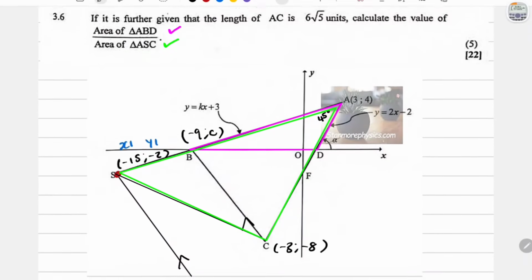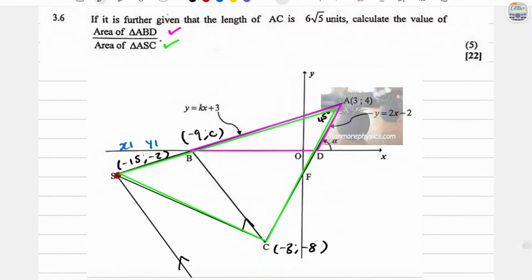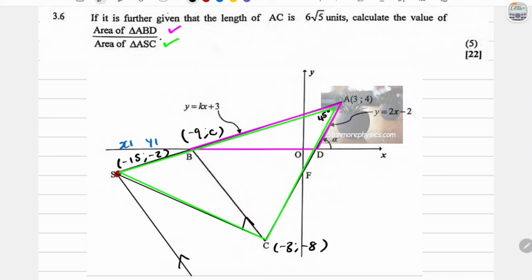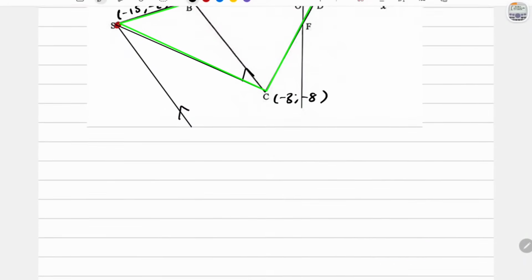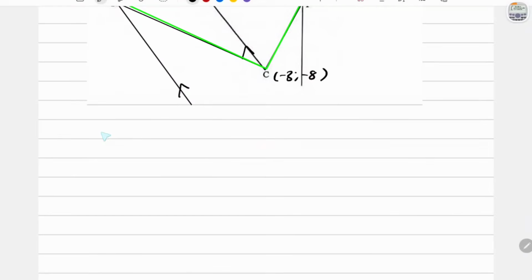So let's see, how can we actually find the areas of these triangles? Starting with this triangle ABD. In order to find the area of a triangle, there are two formulas we can use. If you have any triangle that has a perpendicular height, it could be a right angle triangle where that would be your perpendicular height, or an obtuse triangle where you could find a perpendicular height for it.